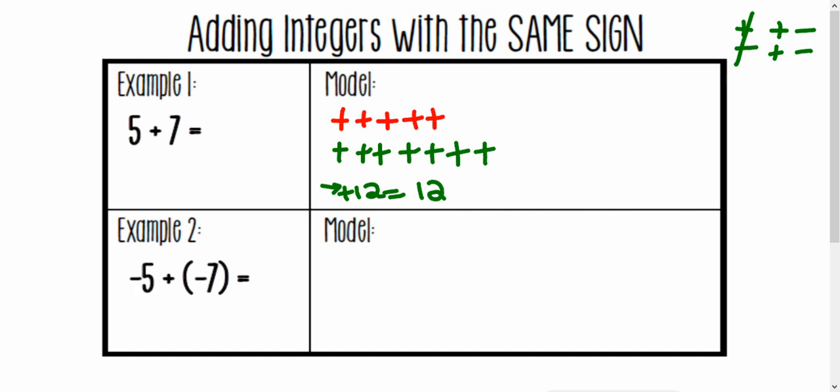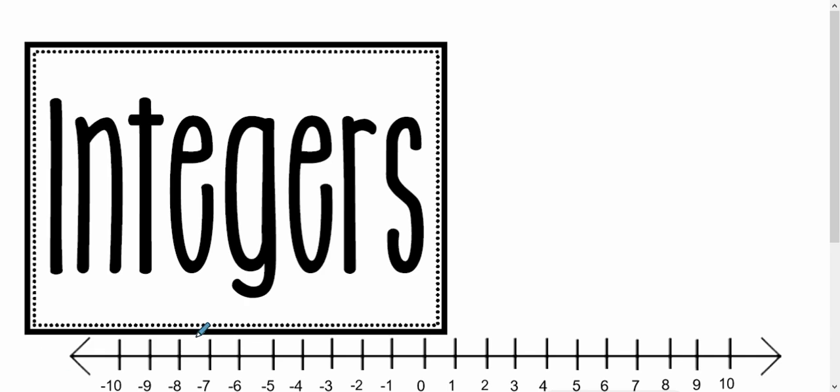Now, the other way you could do this is to make yourself a number line. Okay? And I'm going to put my starting number right in the middle. Then we're going to count the number of spaces of our second number. But which direction do I go? Let's think back to that number line I showed you before.